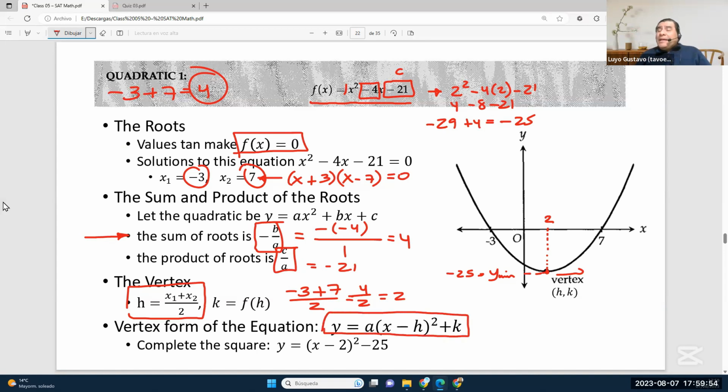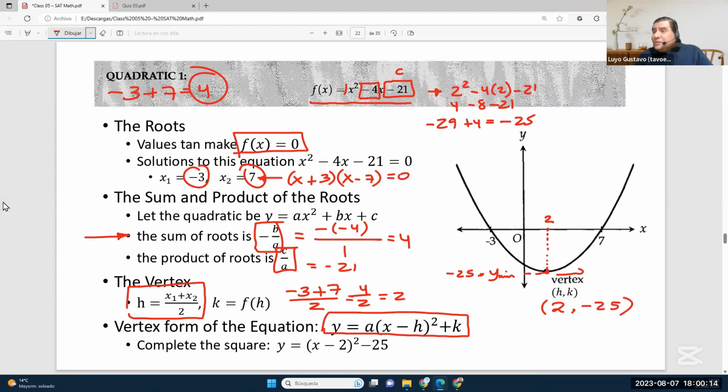A multiplies the square of a binomial, which is x minus the horizontal coordinate of the vertex h, and then that expression plus the vertical coordinate of the vertex. We just said that in this case, the vertex was 2, negative 25.